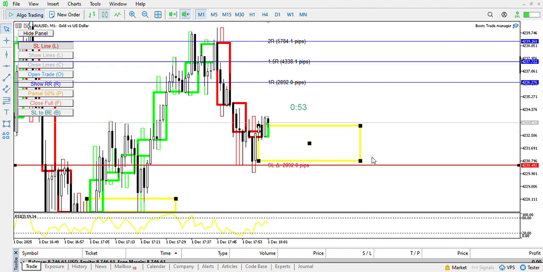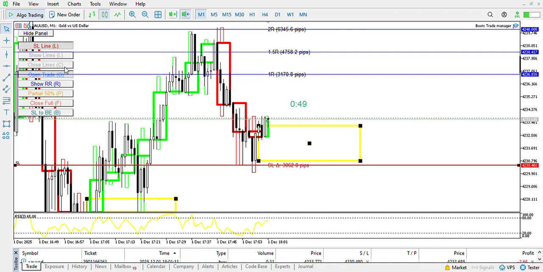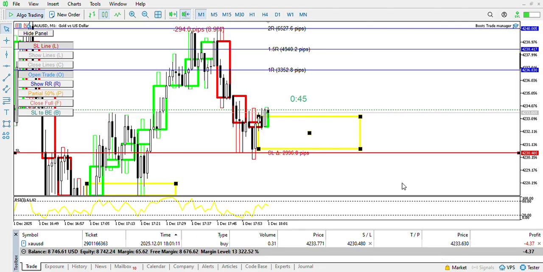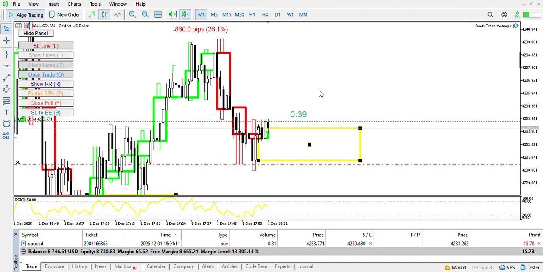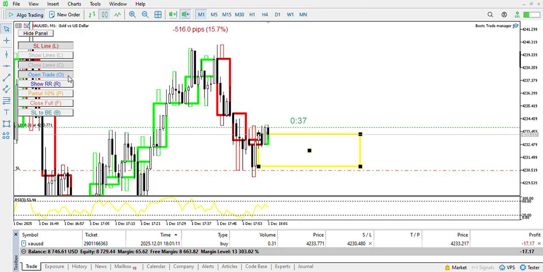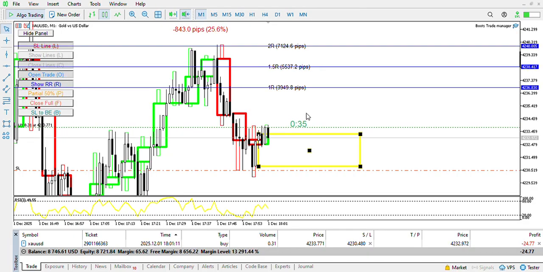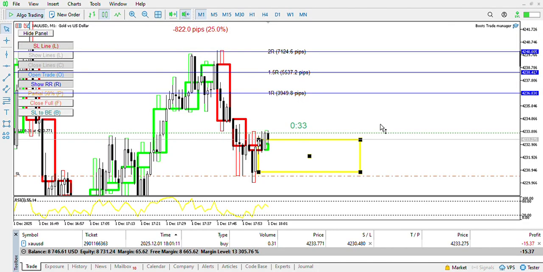I'll place my stop loss here and then I'll press this open trade button, and you see I have entered the trade. Now I'll press this close lines button, and see the lines disappeared. Now if I press this show RR button, this indicator is showing me the lines.